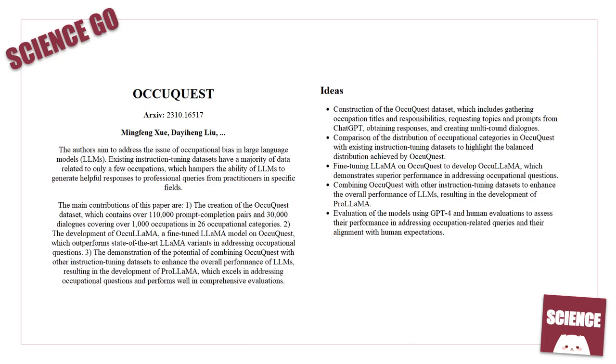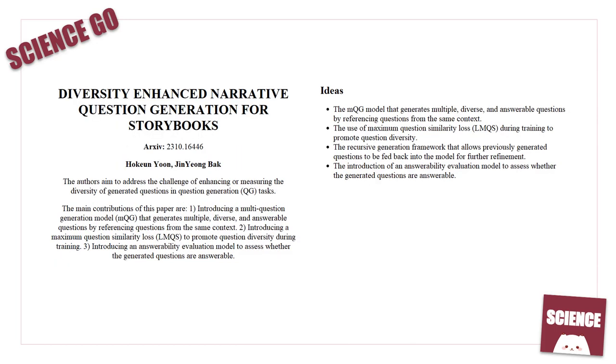The paper Diversity Enhanced Narrative Question Generation for Storybooks introduces a new approach to generating questions for storybooks. The authors aim to address the challenge of enhancing the diversity of generated questions. They propose a multi-question generation model that generates multiple diverse and answerable questions by referencing questions from the same context.